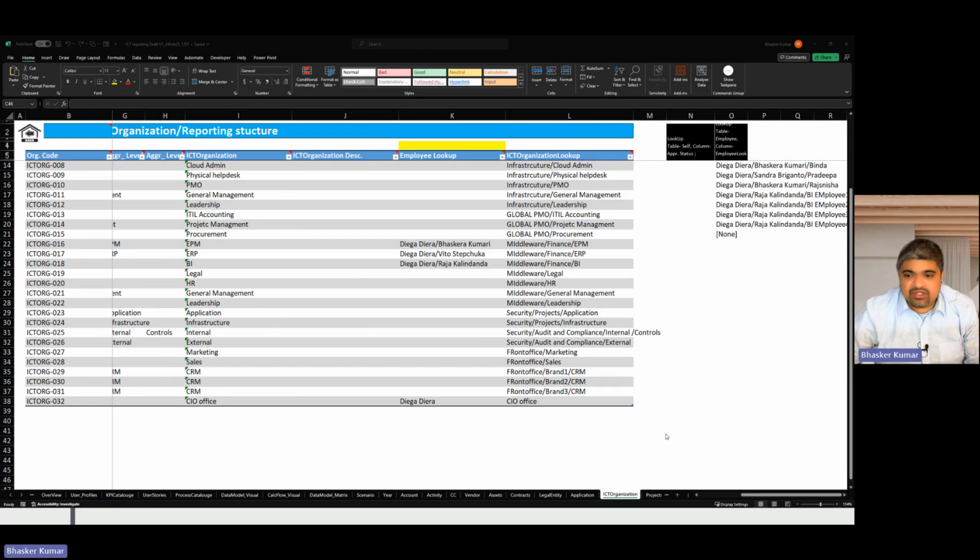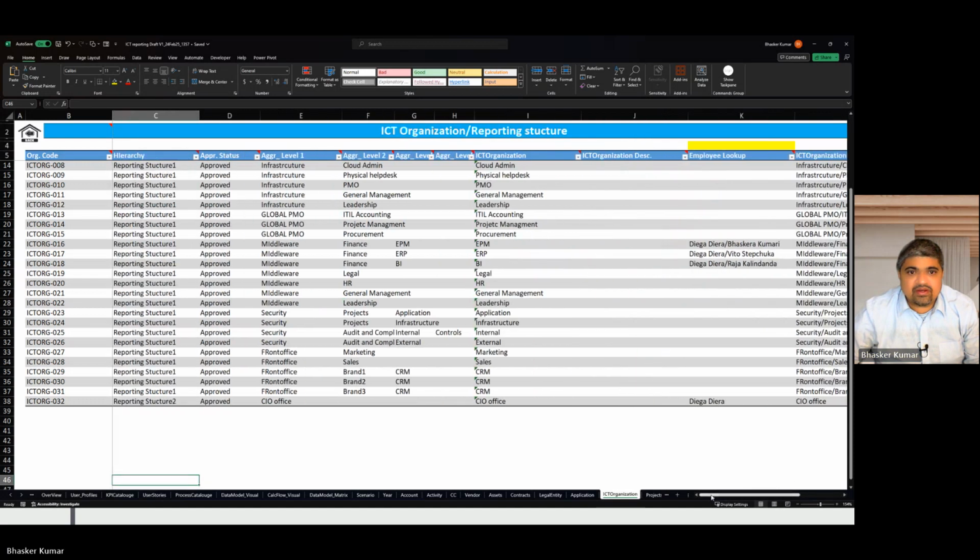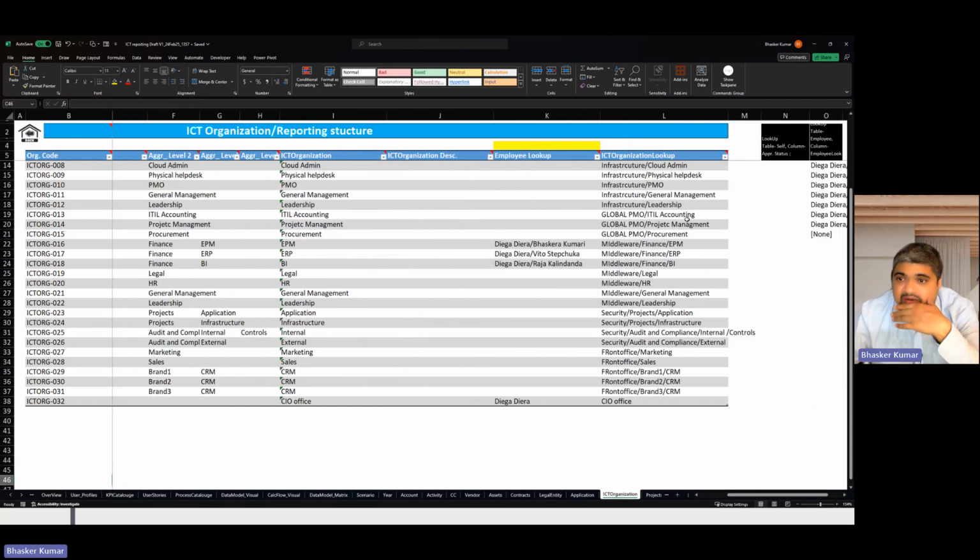Then I have physical help desk, we have PMO under infrastructure, general management, under middleware, I have finance, I have legal, HR, under finance, I have EPM, ERP, BI. So these are the things which you can see are there. So like this, you'll have to eventually define the tree structure of how your organization looks like.